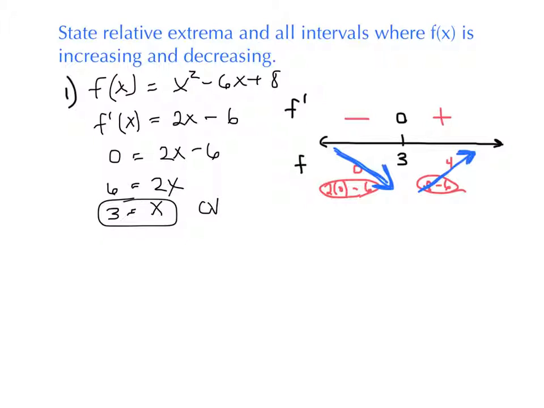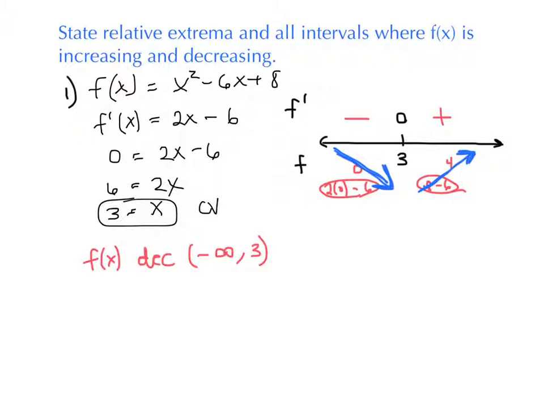All right, so the first conclusion that I can make is the interval where it is decreasing. So we can say f of x is decreasing over the interval negative infinity to 3. And why can we say that?